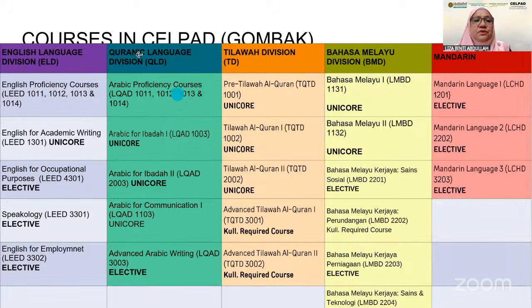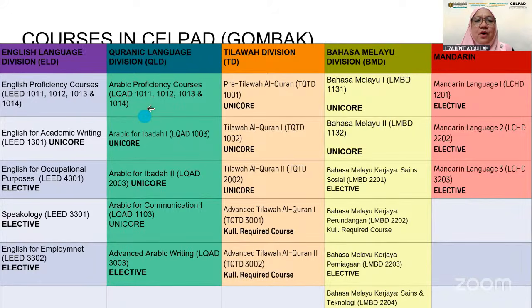But bear in mind, when you come to the university, you have to sit for the EPT and APT. You will be put into these courses based on your results.